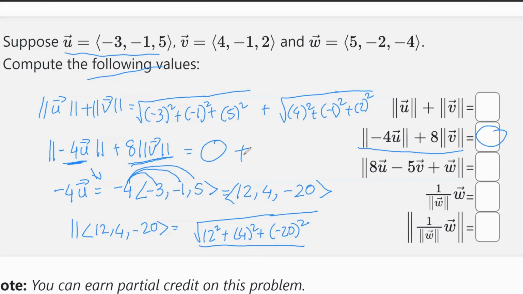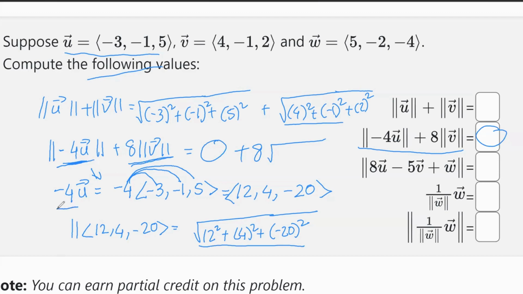Next, plus the norm of 8v. I know the norm for this one is this, so I just put the 8 here, and then the square root. It's not inside the v. See the difference between this one and this one. In this one, I have -4 inside the norm, so that's why I first write what I did.